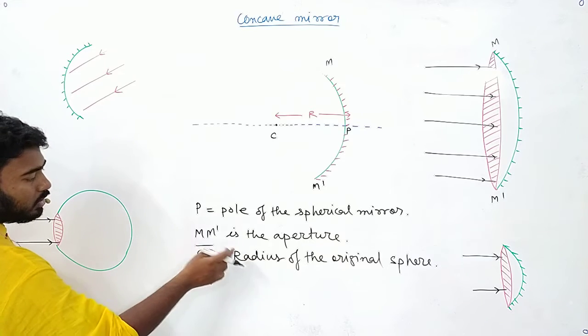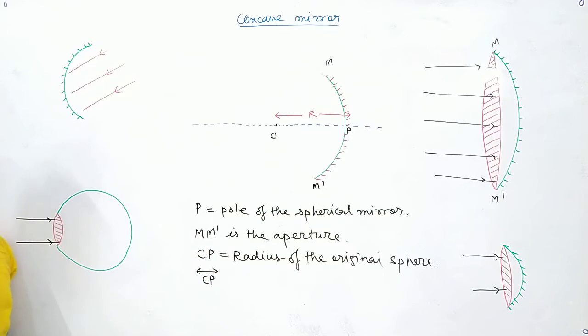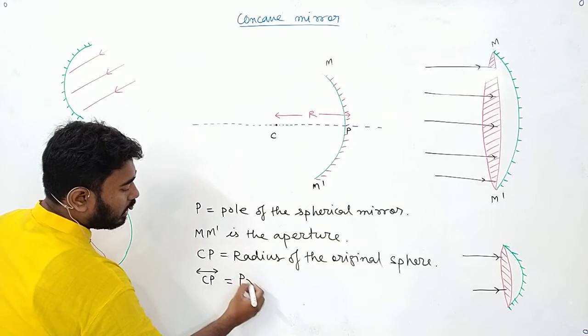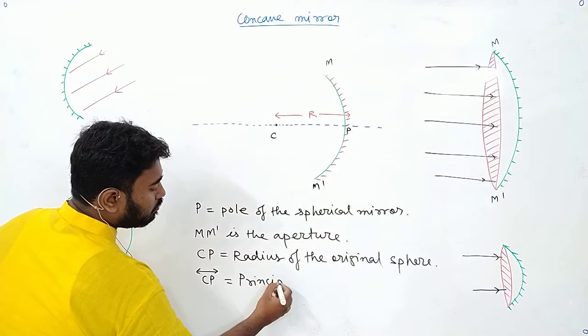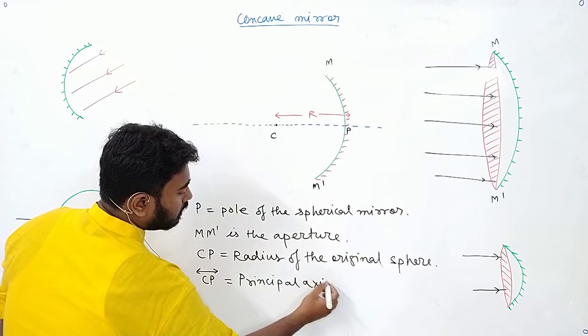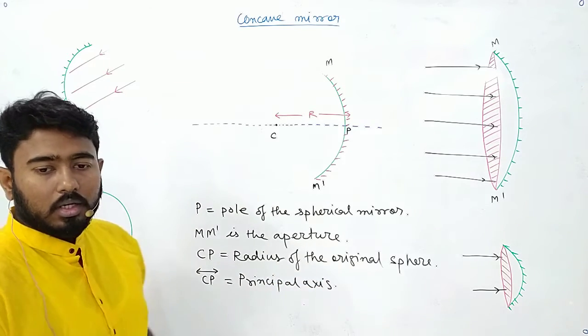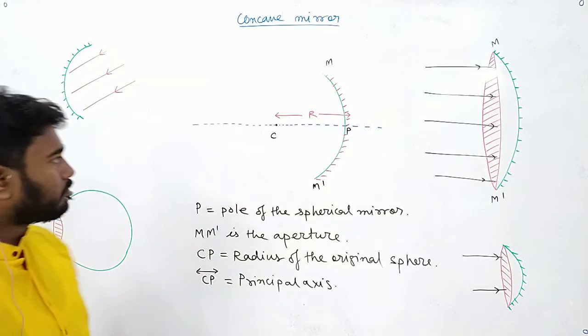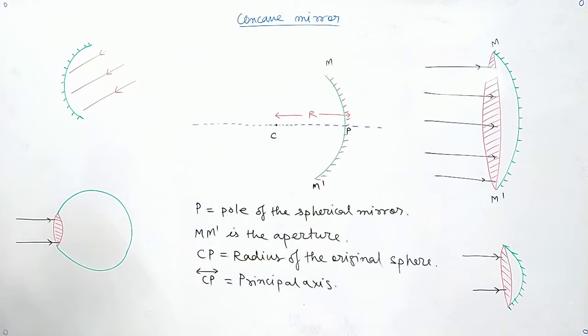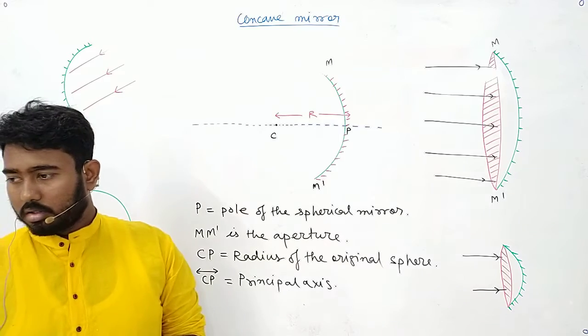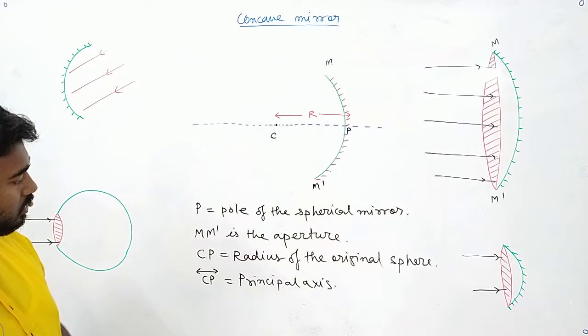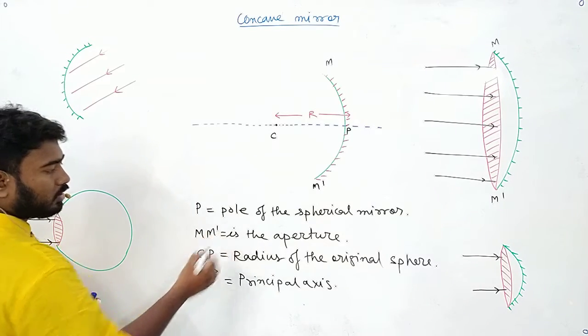If we write this one or this one, both are the same. But if we want to mention a line, we need to give arrows on both sides. So the line CP is known as the principal axis. What is the line CP known as? It is known as the principal axis. Is that clear? Yes, sir.